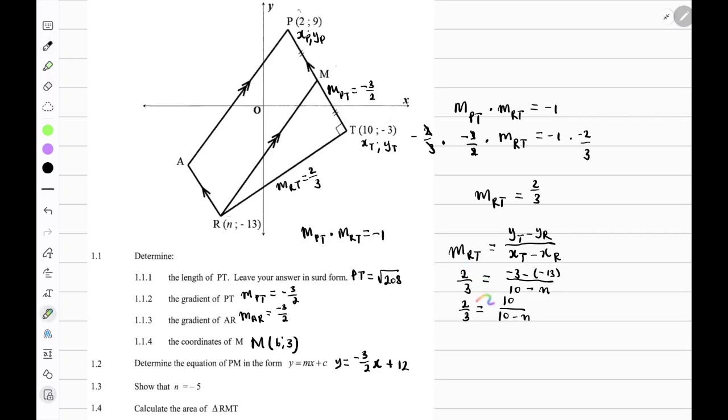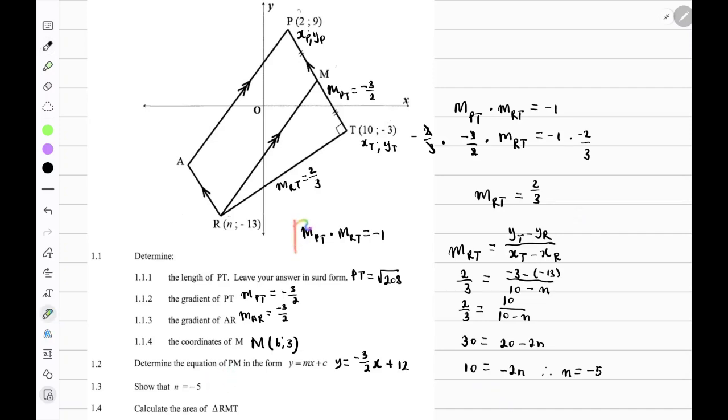So now we can cross multiply. So this here is 30 is equal to 20 minus 2n, and if you take 20 over, the sign changes. So now we've got 10 is equal to negative 2n, therefore n should be equal to negative 5. So this here has been shown.